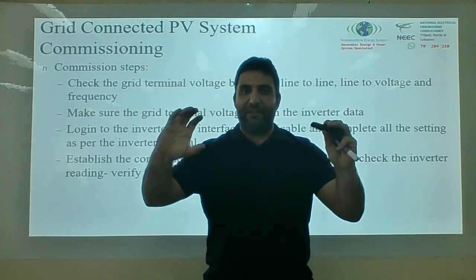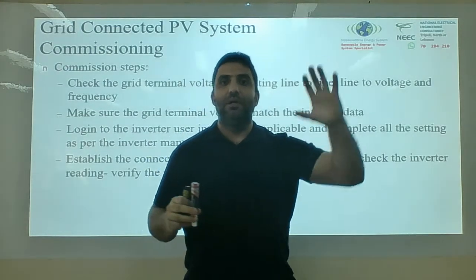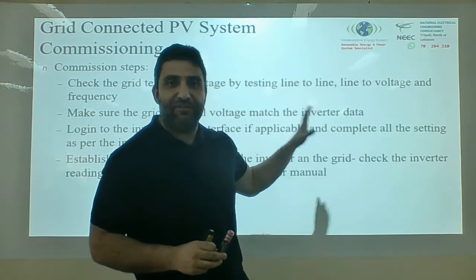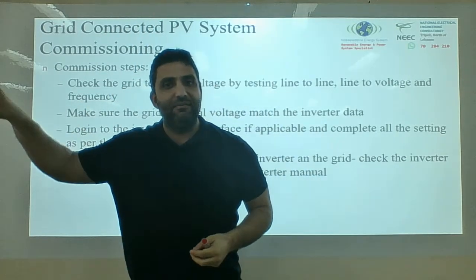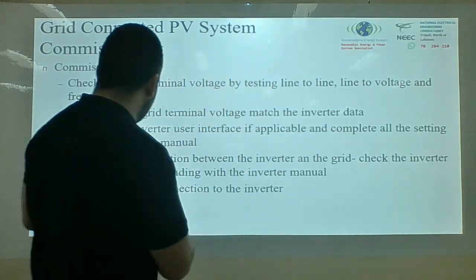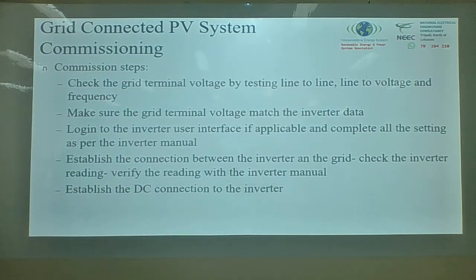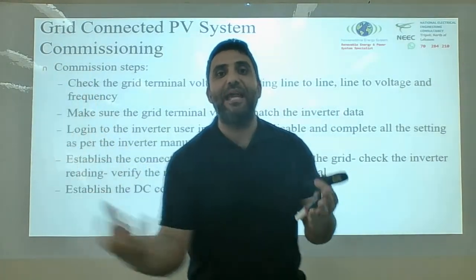So now I have the grid connected to the inverter. I have the signal coming to the inverter. Beautiful. After I did all the settings, I check my inverter. The inverter should tell you there's a grid connected, everything is good, no fault indicated. Then I go ahead and close the link between my PV panels, the DC, and my inverter.